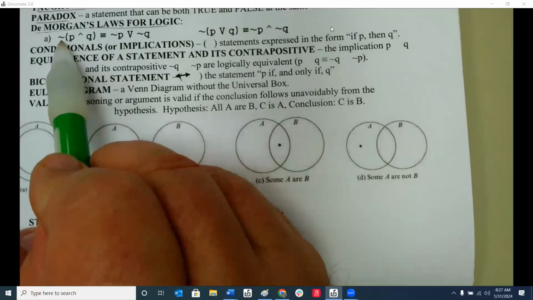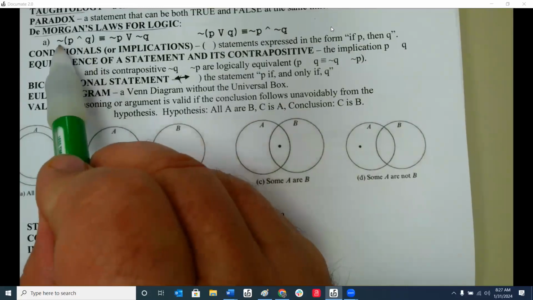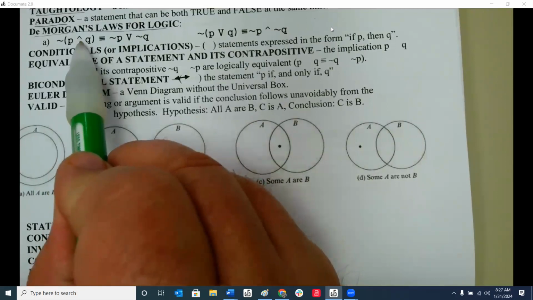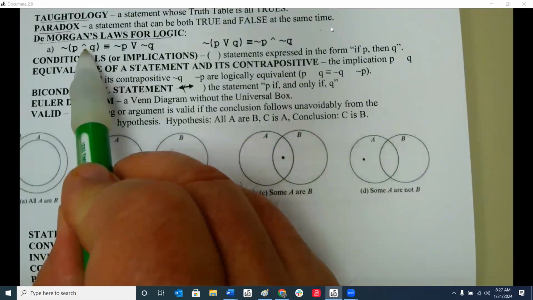It said not P. What's that symbol mean? If it points up, it's what?